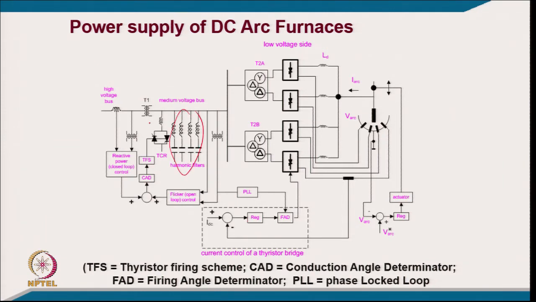For reactive power, of course, we use a thyristor controlled reactor, the leading reactive power is given by the passive filter, and then of course, we have a control loop corresponding to the electrode current, the DC current from here, as well as reactive power from the AC side current. So, that control of the arc furnace is done, which is of reasonably high power.